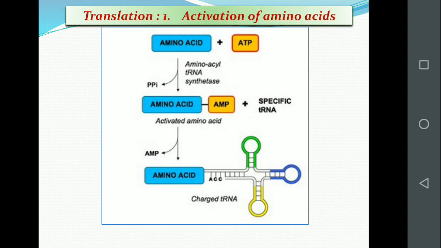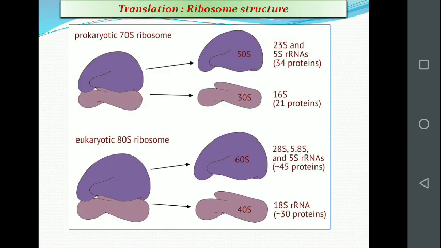Once we have the charged tRNA molecules, a functional mRNA molecule, and ribosomes, the translation process starts. In the case of ribosomes, we have 30S and 50S, the small and large subunits respectively. In prokaryotes, the small subunit has 16S rRNA, and the 50S subunit contains 5S and 23S rRNA molecules.